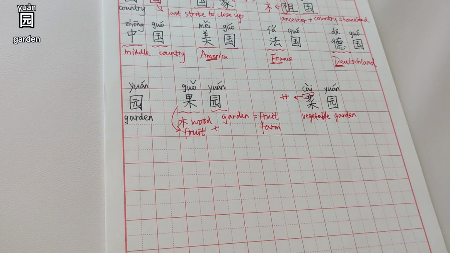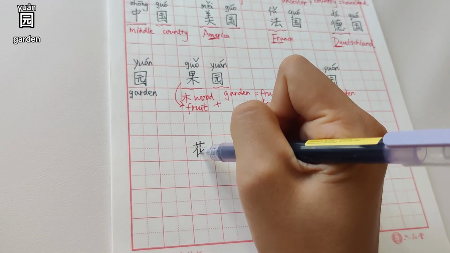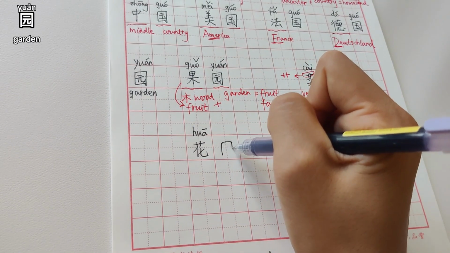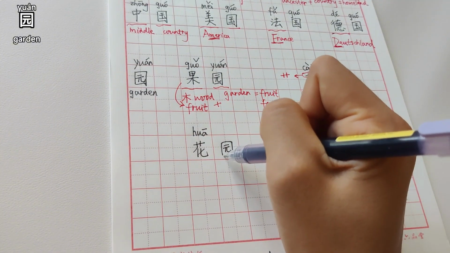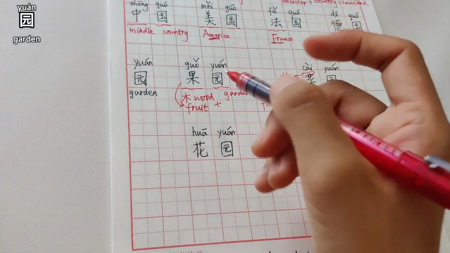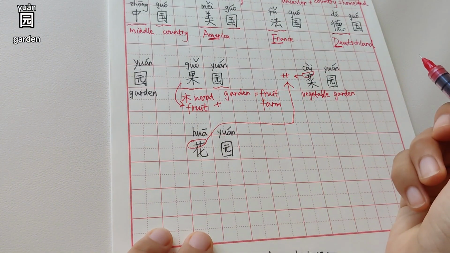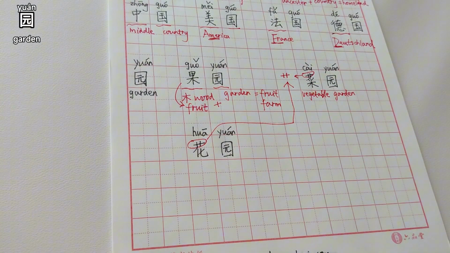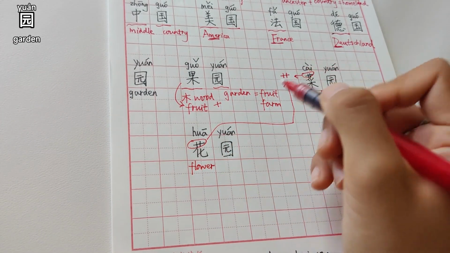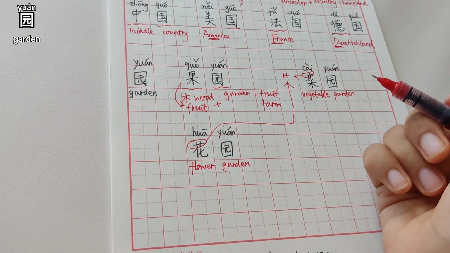And let's get to the next one, 花园. 花 also shares the grass radical, right? So it's related to plants. And 花 is the flower. 园 is garden. 花园, flower garden.